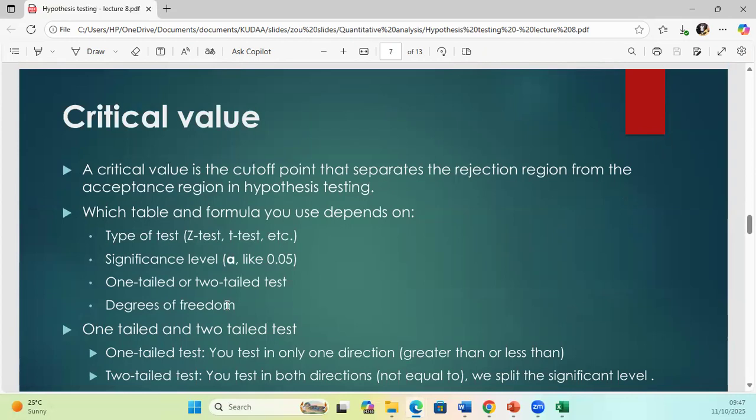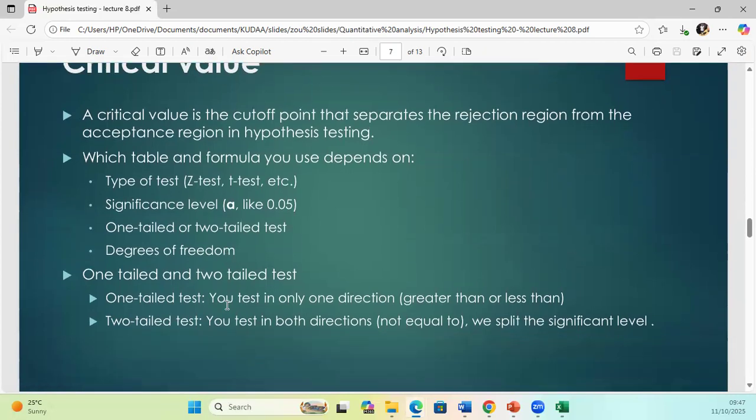So I've talked about the critical value, but something I want us to talk about is the one-tailed and the two-tailed test. In a one-tailed test, the alternative hypothesis is suggesting one direction. What do I mean by one direction? Let's say someone says that in Zimbabwe we have 10 million population.